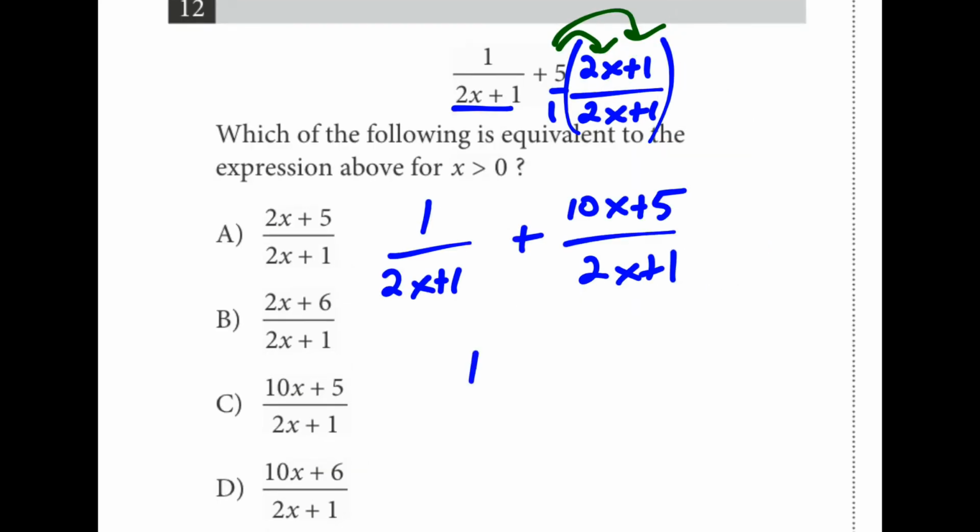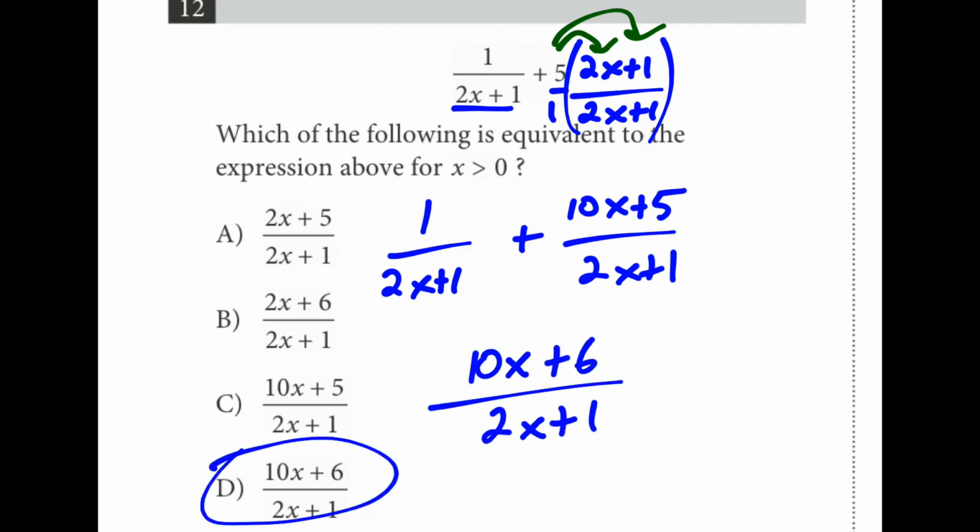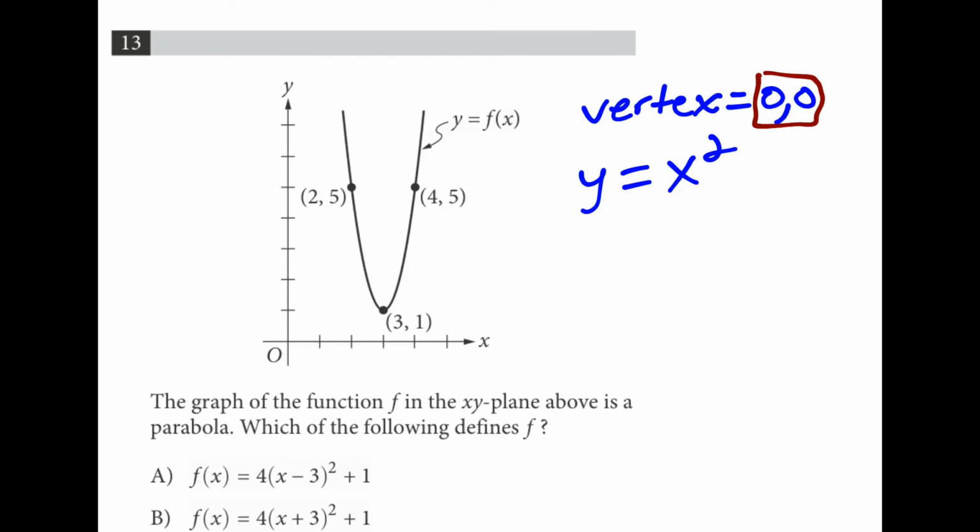So when I add these together, the 5 and the 1 give me 6 over 2x plus 1. D. Remember that to add a fraction, you have to have a common denominator, even if it's an algebraic expression like 2x plus 1.